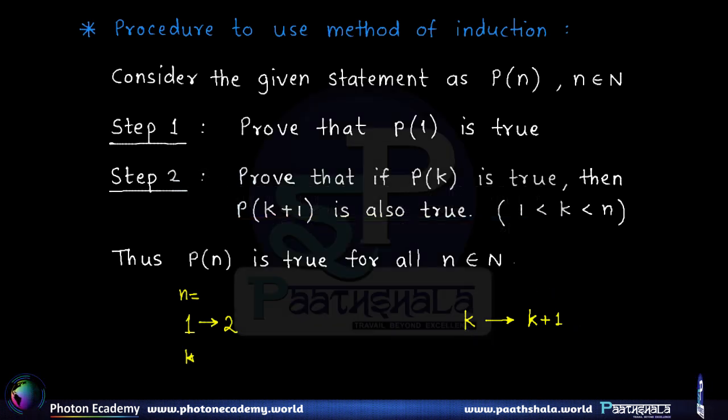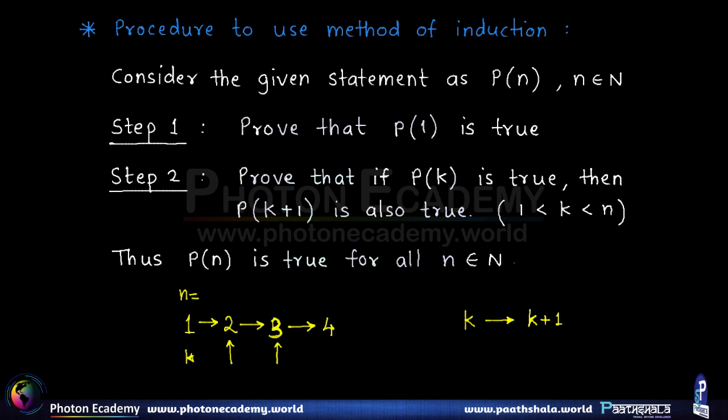Now interestingly, we can take k equal to 2, and that would mean that it must be true for 3 also. And if we take k as 3, then the statement must be true for 4 also, and so on. So it starts off a kind of chain reaction, and then it would automatically mean that it is true for any value of n, right?